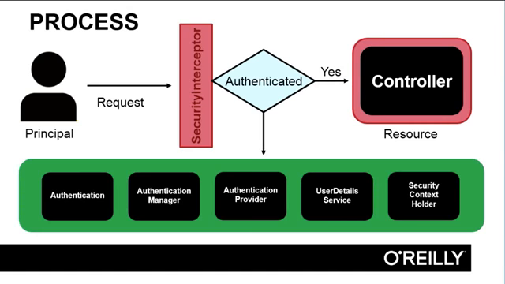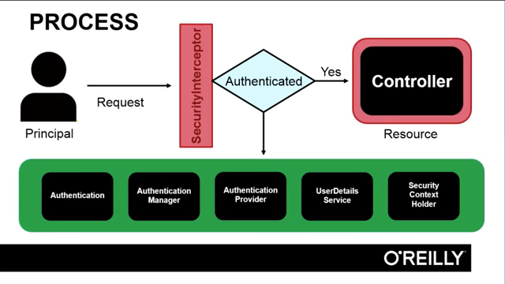Now, some authentication providers will work with a user detail service, and this is basically reaching into some sort of data store, whether it be in memory, a database, or an LDAP, and it pulls out information about the user. Some of that information contains their credentials that we're going to then validate with what has been provided by the user.